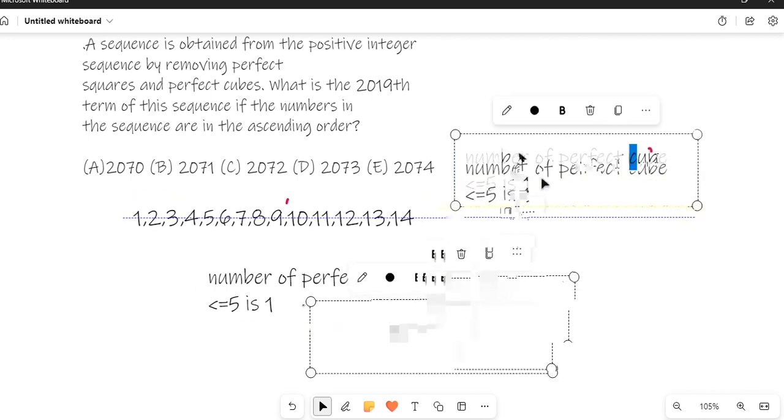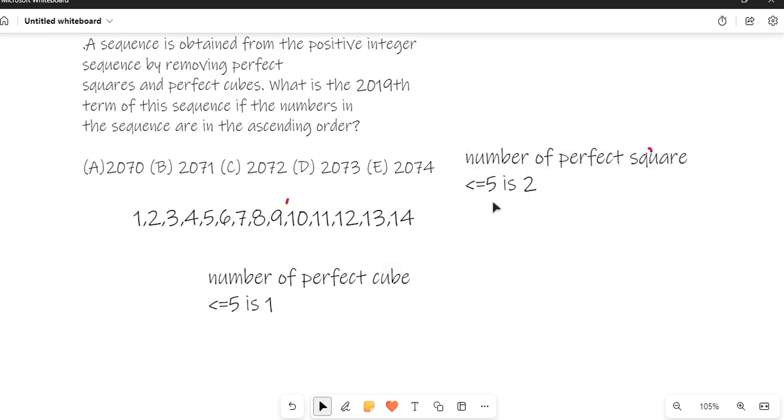And the number of perfect squares is 2. So we would just add these numbers to 5. So there are 5 plus 1 plus 2, so our fifth digit would be 8. Let me check it.